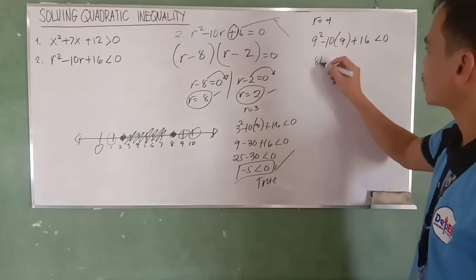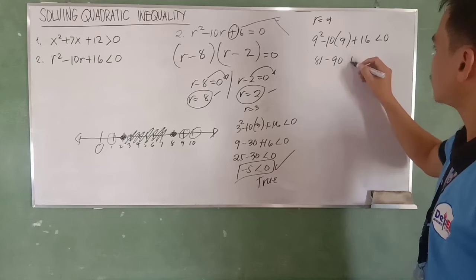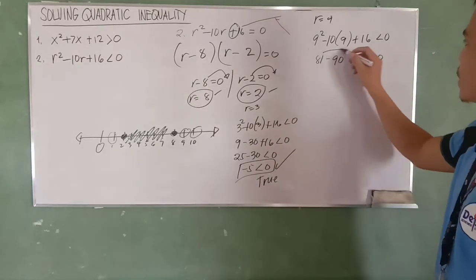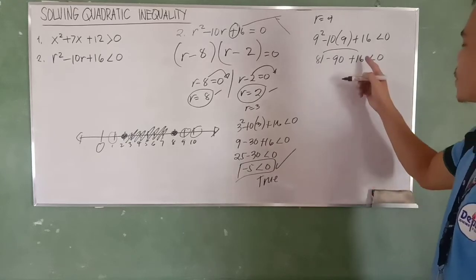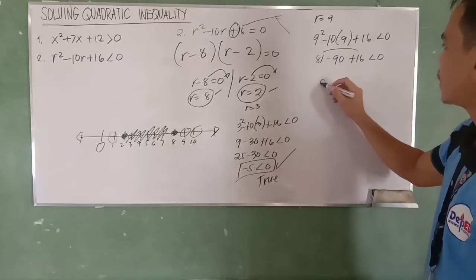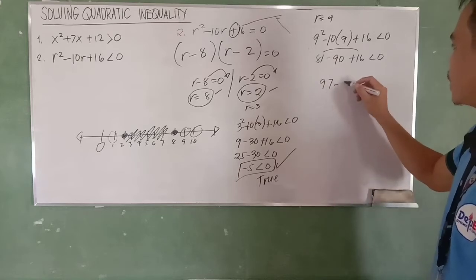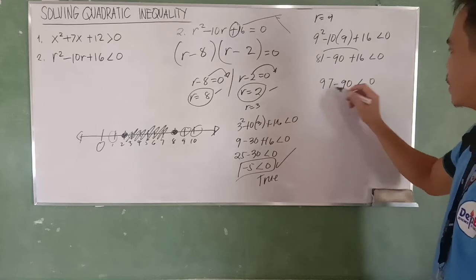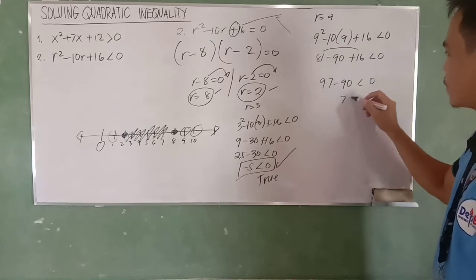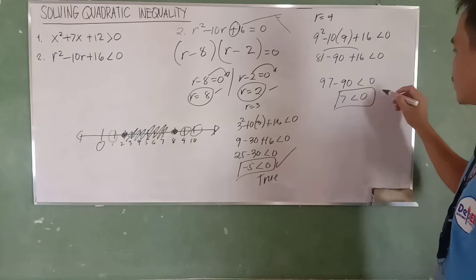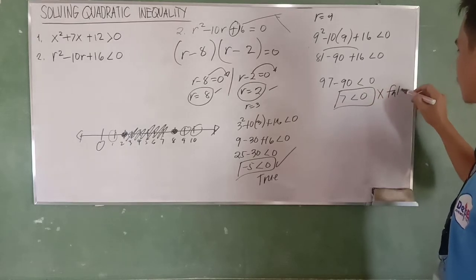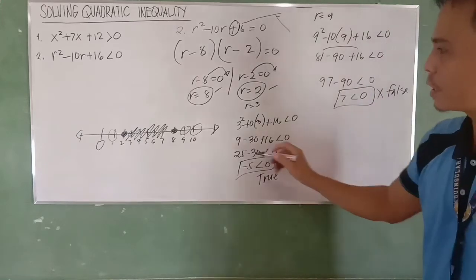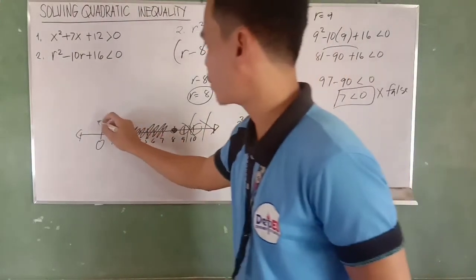So therefore, 81 minus 90 plus 16 is less than 0. So combining this positive sign here, we have 97 minus 90 is less than 0. So therefore, 97 minus 90 is 7, less than 0. This is false. Because positive 7 is not less than 0. So therefore, these are not a solution.